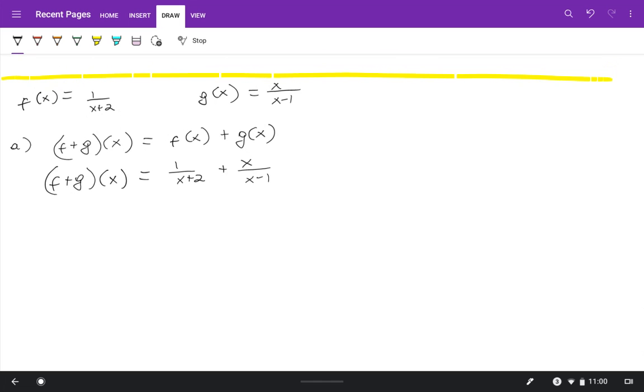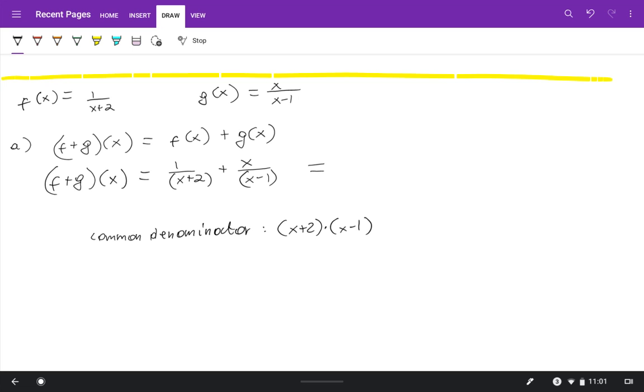Now, what happened here? You have fraction plus fraction, so you need a common denominator. So when you have fraction plus fraction, you take the expressions of both denominators and multiply them together. So it will be x plus 2 times x minus 1.